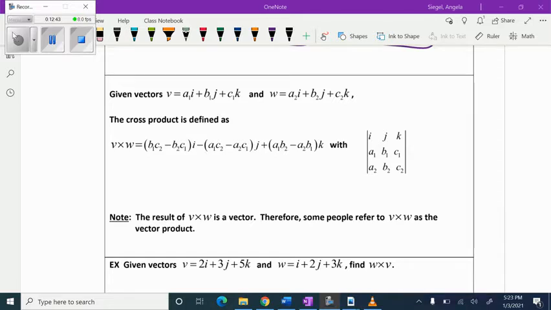With a cross product, the easiest way to explain this is not this. Those of you who have taken college algebra and talked about 3x3 matrices, finding the minors and expanding the matrix, that's what we're doing here.